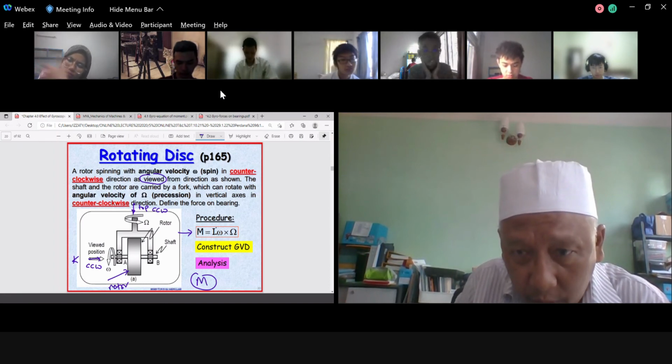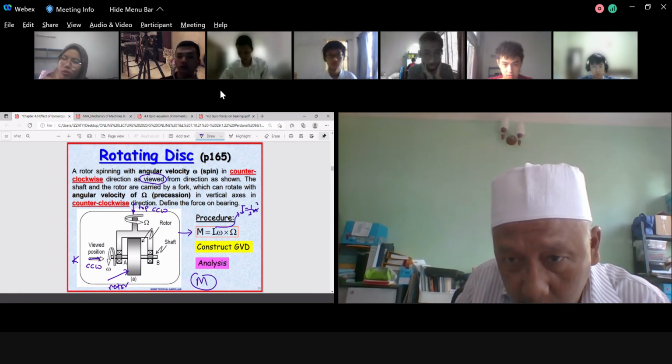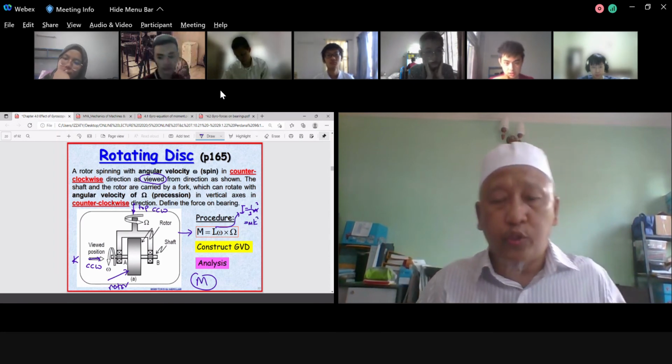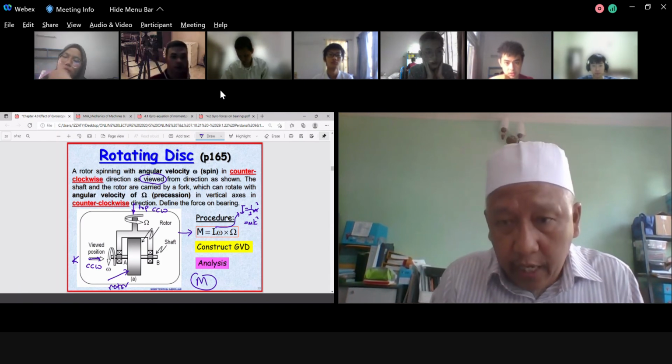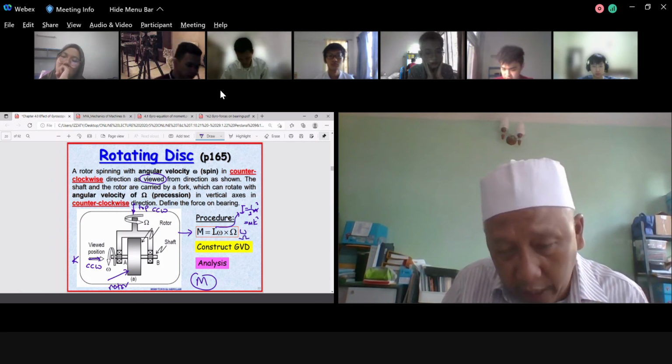Of course I can be in two forms. It could be half m r squared, or it can be m k squared, depending on the parameter given. If it provides the radius, use half m r squared. If it provides the radius of gyration, use m k squared. This one is the spin, and this one is the precession. You do this and you get the results.